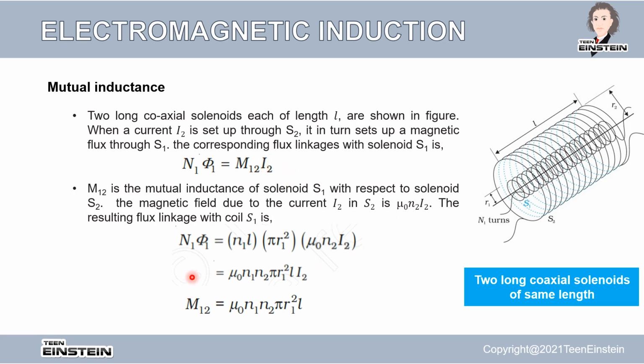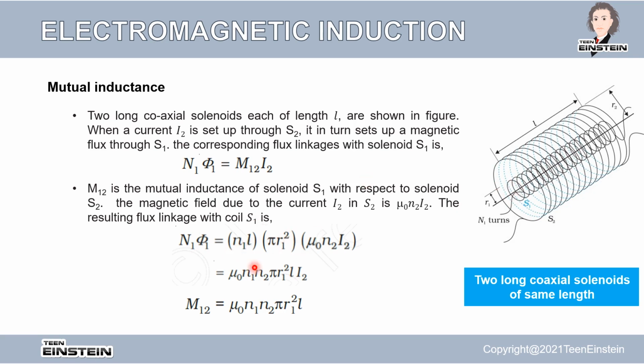Now N1 phi 1 equal to, let's just see this in detail. What is N1? It's small n1 into L. Small n1 is nothing but the turns per unit length. So this is the length, it makes sense, n1 into L. And what is phi? Phi is B into A. A is given by pi r1 squared because it's the area of this coil, the circular coil inside.